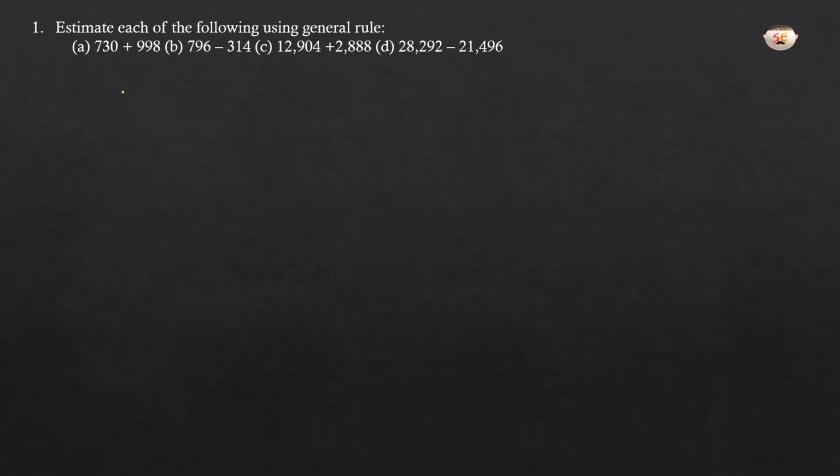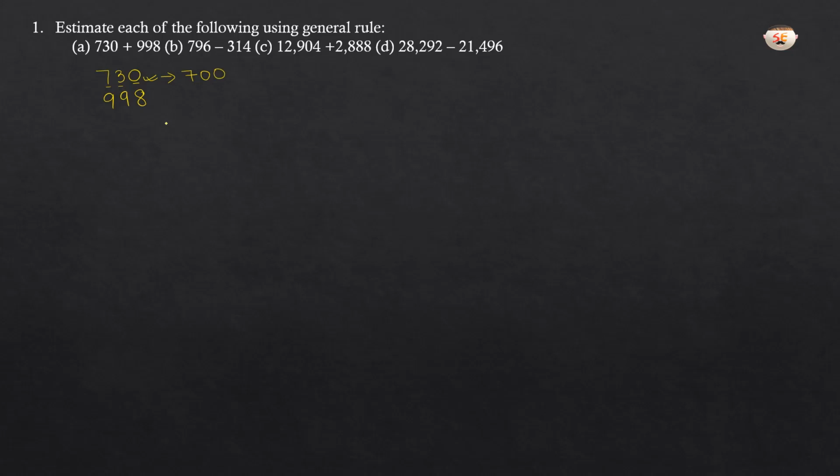The general rule of estimation says that if we want to add two numbers, 730 and 998, we first estimate 730 correct up to its highest place, whether 1s, 10s, or 100s. We round off 730 correct up to the 100 place. After rounding off 730 to the 100 place, we have 700.